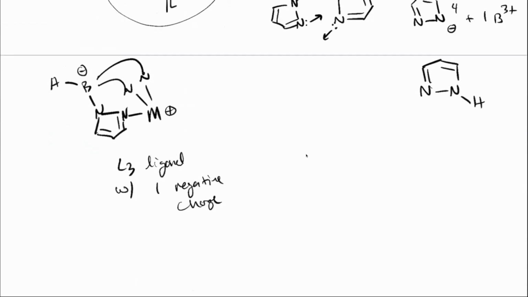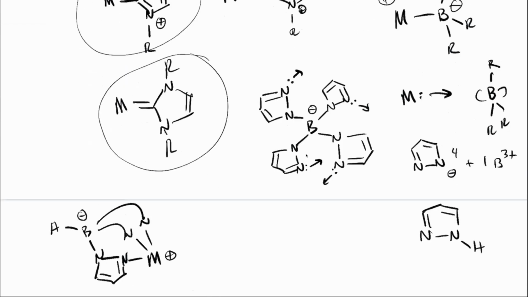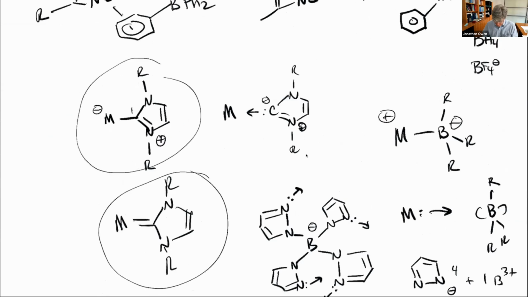Hey, I have a question. Yeah. So in the first example you gave with the imidazole, you had it binding to the carbon. If you have it binding to the nitrogen, it's also L-type, right? Yeah, so I'm not exactly sure which structure you're referring to. Number 4 on the problem set?